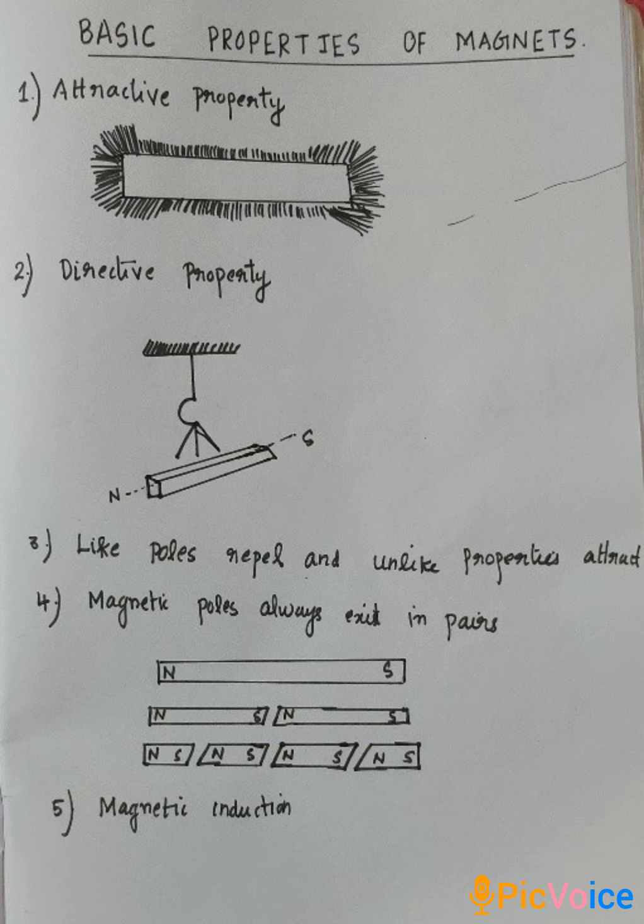Then the fourth property is that magnetic poles always exist in pairs. Let's see what is meant by this fourth property. That is, if we try to isolate the 2 poles of a magnet from each other by breaking the magnet in the middle, we can see that each broken part is found to be a magnet with north and south poles at its ends.